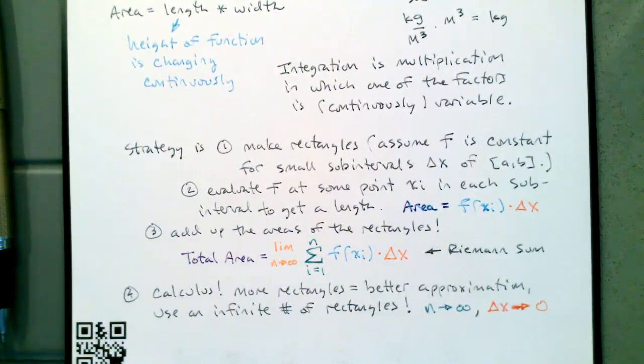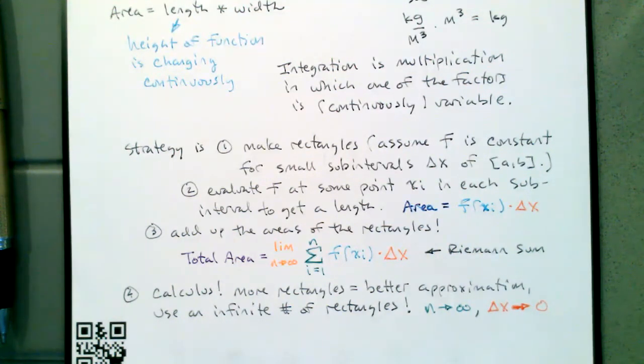If the length is going to be variable, then our strategy is to drop down to the previous problem by assuming that the length is constant for some small change in each subinterval, and then recognize that multiplication is just repeated addition. So we just add up the areas of all those rectangles.